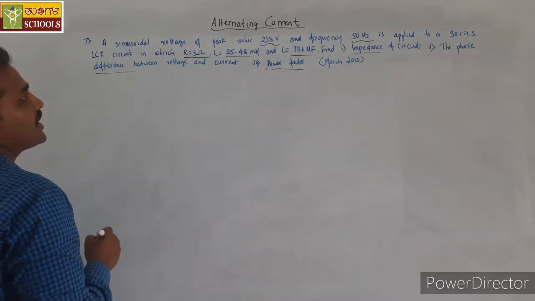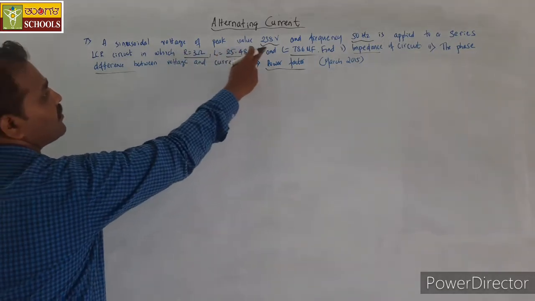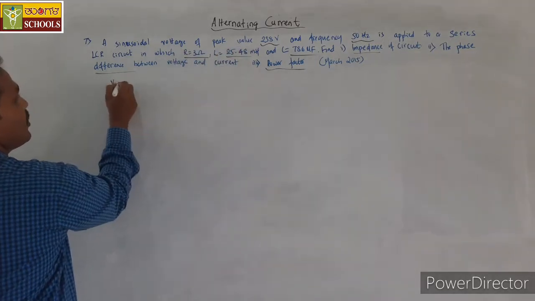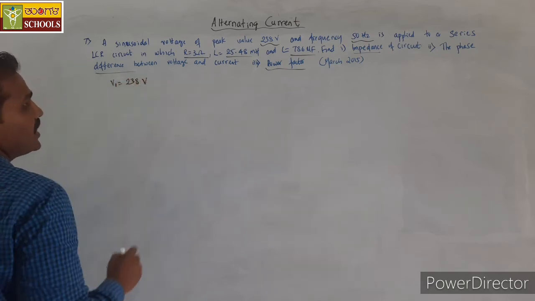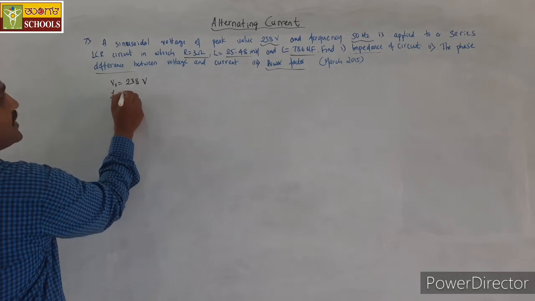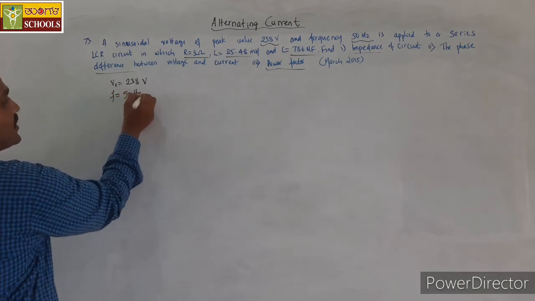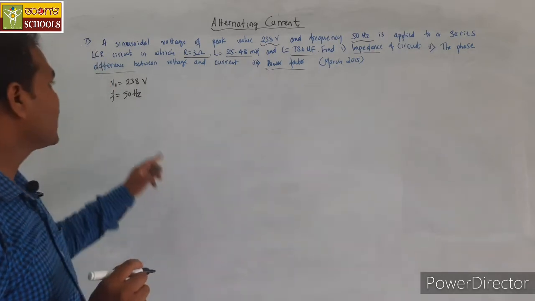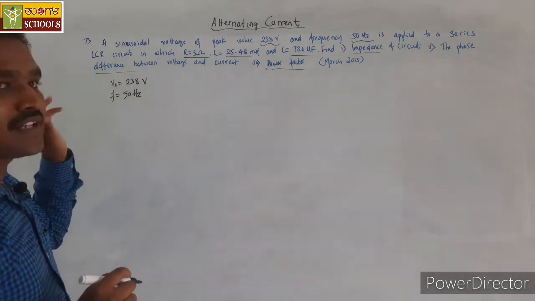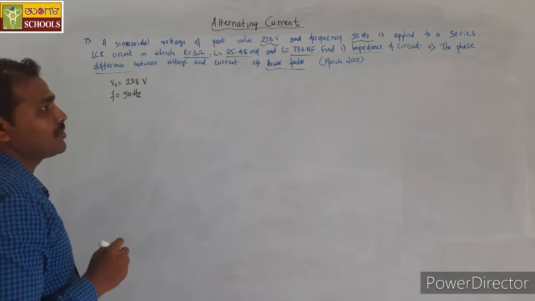First let me write the data given. The peak value of the voltage, that is V naught, is equal to 338 volt. Frequency is 50 Hertz. In some problems they may not give the frequency value. You can directly assume it to be 50 Hertz and solve the problem.